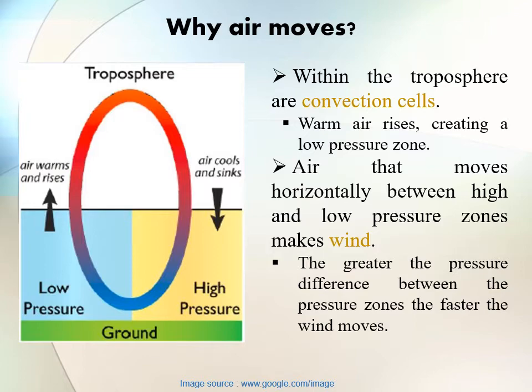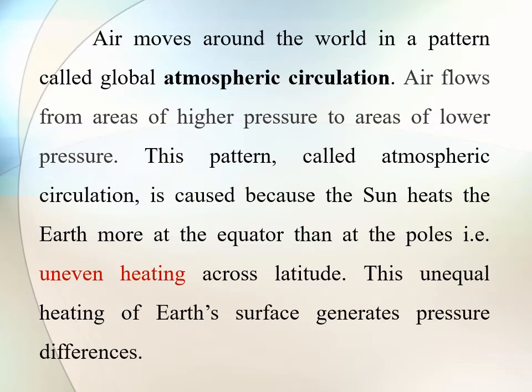Now, air is generally found to move all around the world, and this global pattern of circulation of atmospheric gases or air is known as global atmospheric circulation.